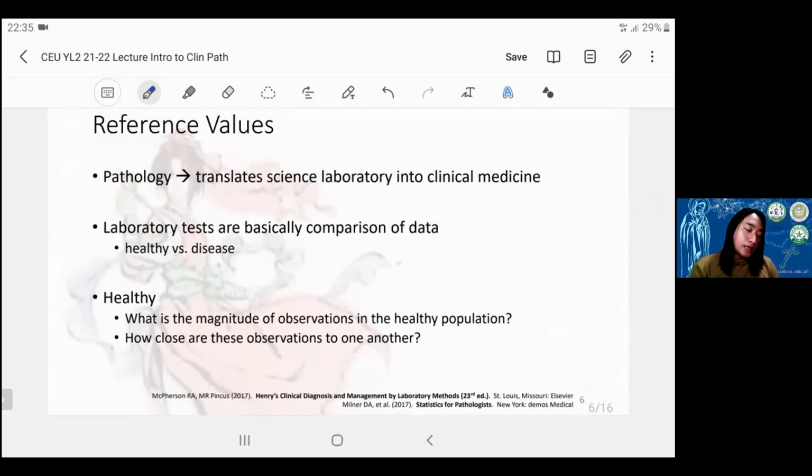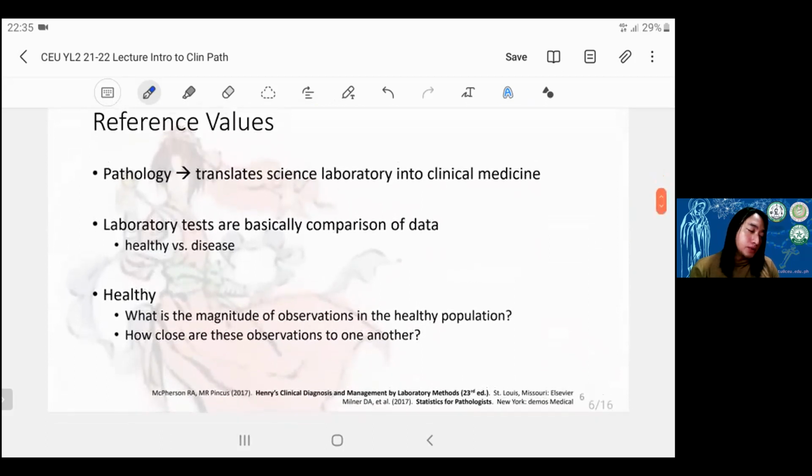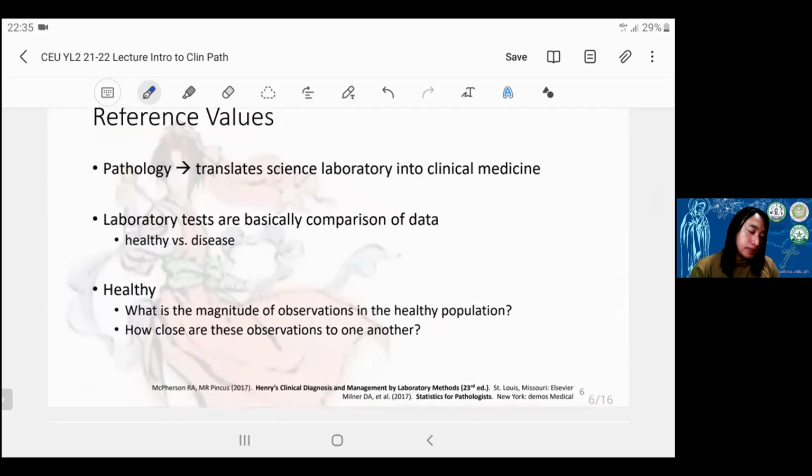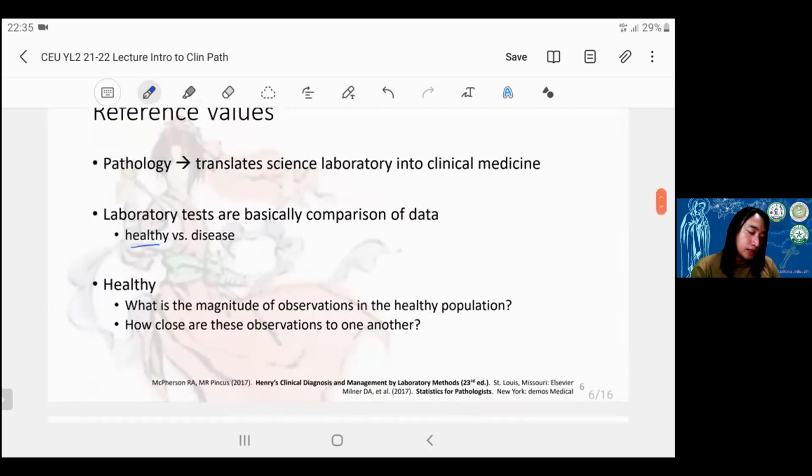And basically, laboratory tests are comparison of data. Just like what we are doing in studying medicine, we have to know first the normal so that we will be able to know the abnormal. So this is basically a comparison between the healthy and the diseased individual.